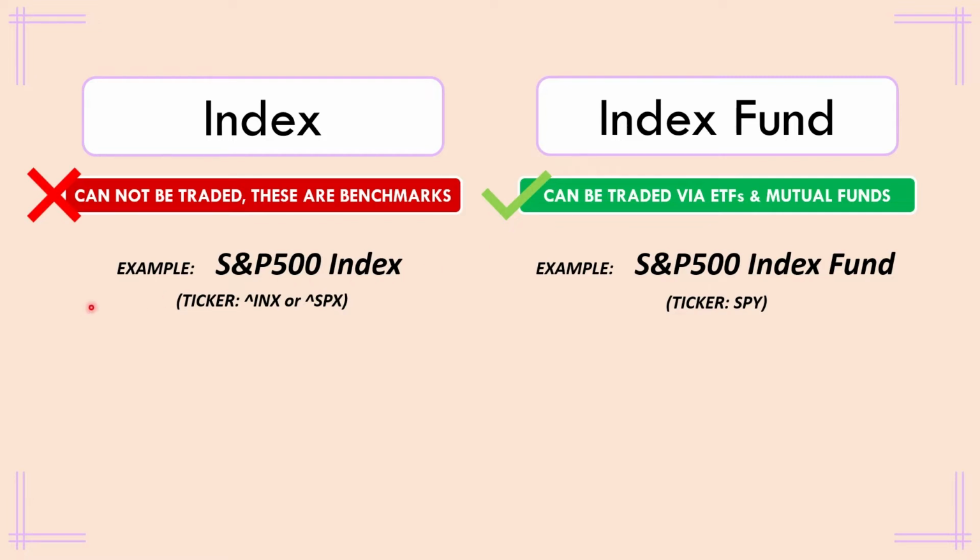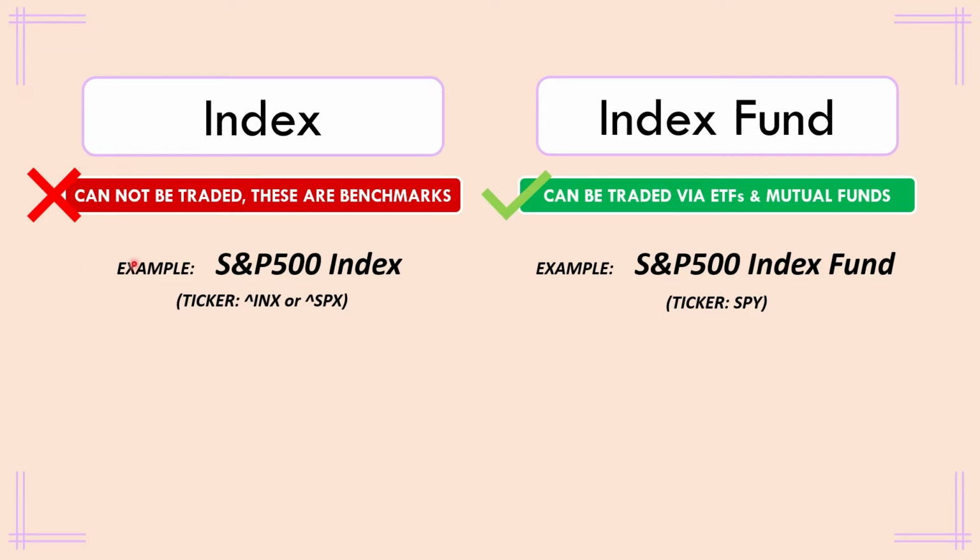So starting on the left with the index example, we have what would be known as the S&P 500 index. This is a very common US index that is provided by Standard & Poor's, which is the S&P in this example.